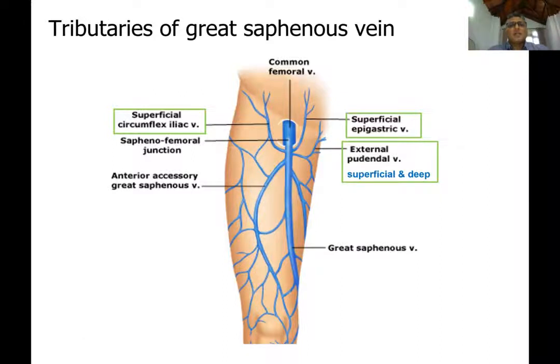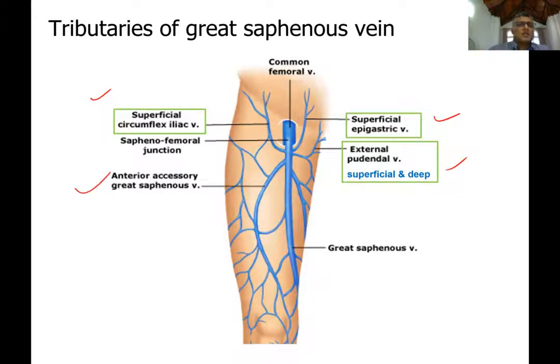For that reason also you can remember them. And the superficial circumflex iliac, which is towards the lateral side. Then superficial epigastric, which drains the lower part of the anterior abdominal wall below the umbilicus.